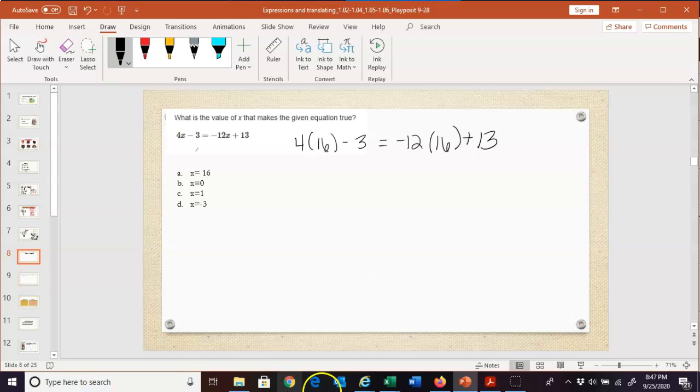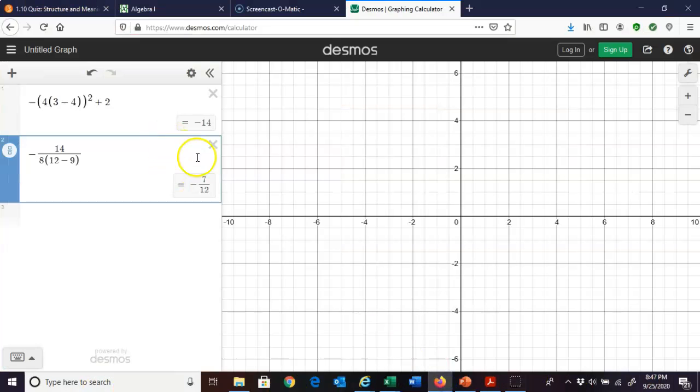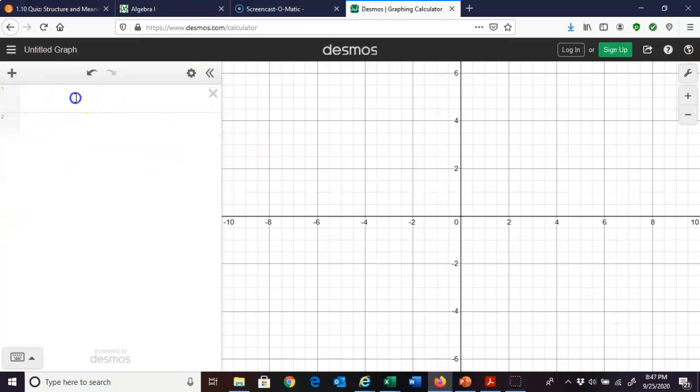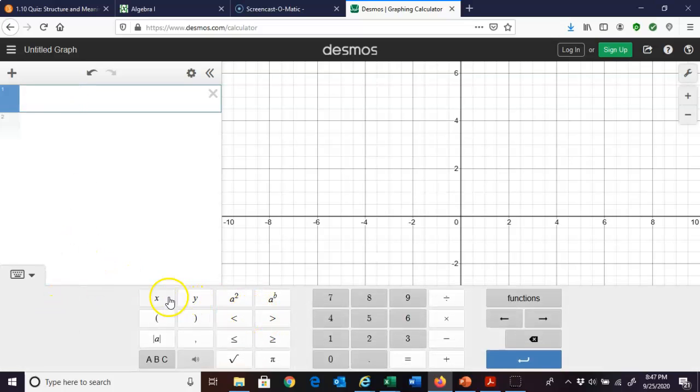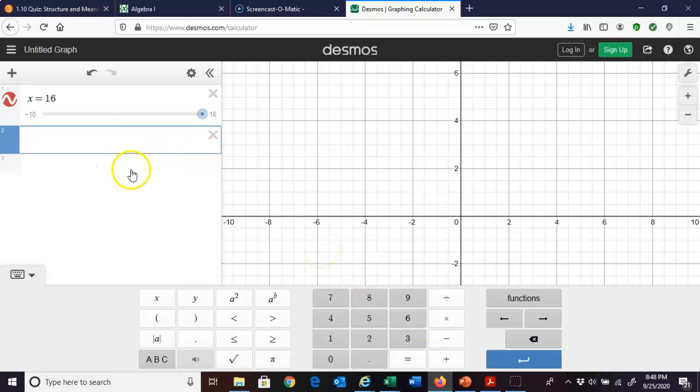Let's try storing 16 for x. So we're going to come over here and we're going to say x equals, this should work on this calculator. Let's see. It might not. Whoops.